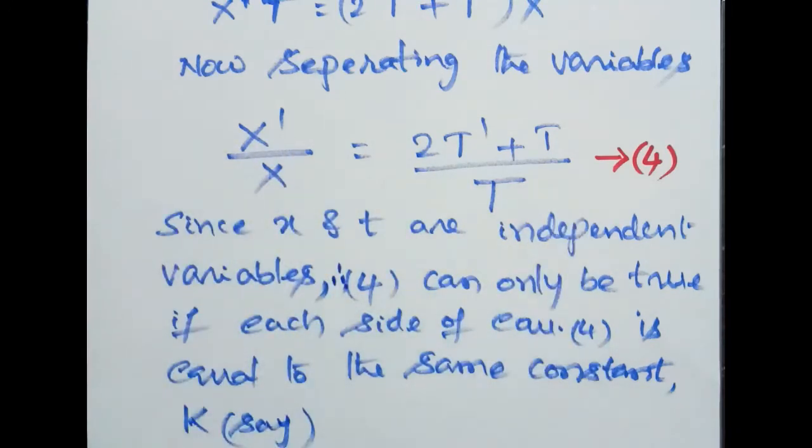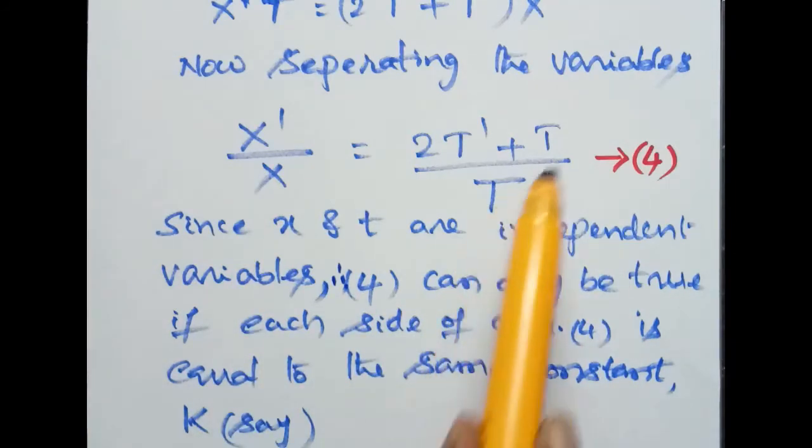So it is a ratio, and small x and small t are independent variables. Here capital X and capital T are functions of small x and small t respectively.